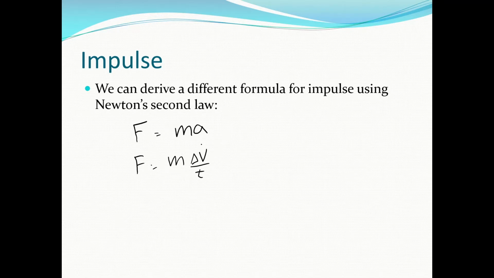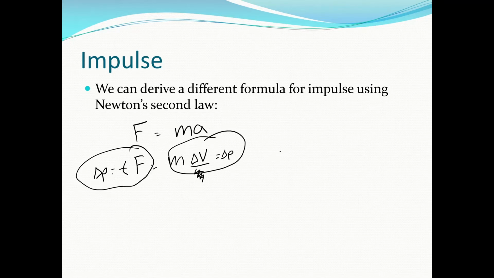So if I move my time up here, well, look at that. Mass times change in velocity, that's impulse. So if this equals impulse, then this also equals impulse. So we end up getting this new formula for impulse, and this was the one we already had.